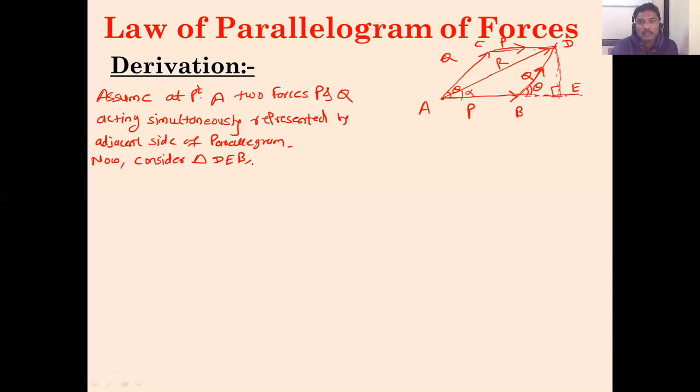Consider angle DEB. Apply sin theta. Our aim is to find the sides of this triangle. Already we know one side of this triangle, that is BD. Our aim is to find DE and BE. Triangle DEB is a right angle triangle.